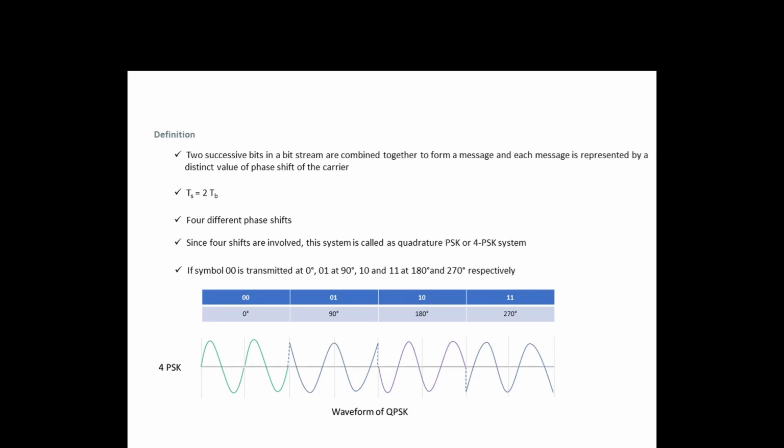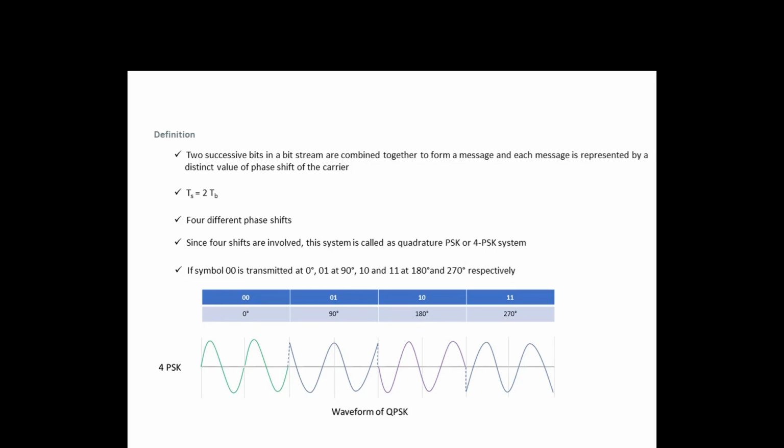Then we'll have four different phase shifts. Since four shifts are involved, the system is called quadrature phase shift keying or 4 PSK system. Quad in the sense of four.